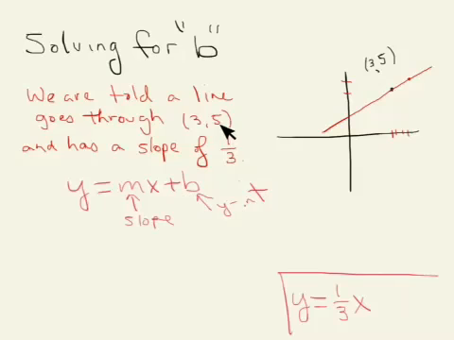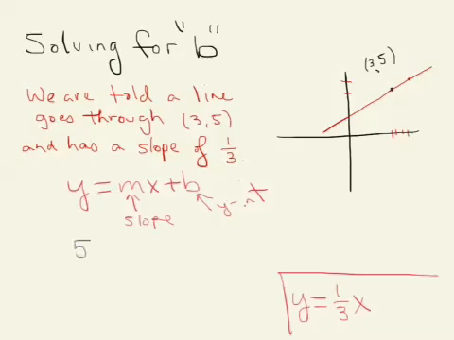A lot of students seem to think it's 5, and it's not. This line does not hit the y-axis at 5. So what we have to do is solve for it. Let me show you how. It's real simple. You just have to do a few problems and you'll get it. We write y equals mx plus b on our paper, and then we put in what we know.